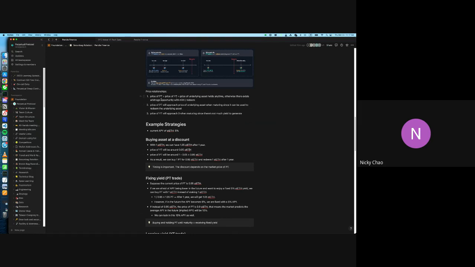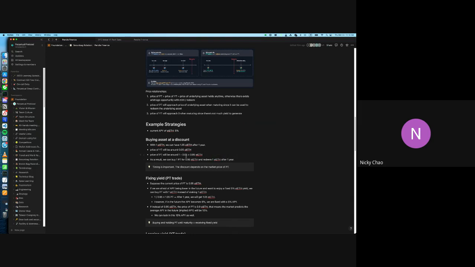Since we have the formula here, the price of PT plus the price of YT should equal the price of the underlying asset. So the price of PT will be around 1 stETH minus the price of YT, which is 0.95 stETH. As a result, you can buy 1 PT with 0.95 stETH and redeem 1 stETH after 1 year.